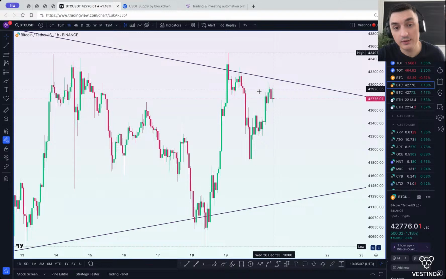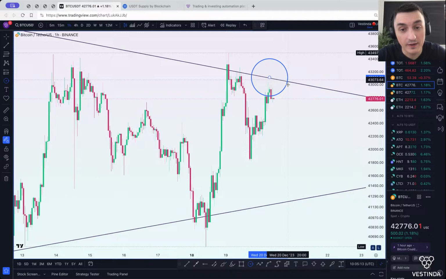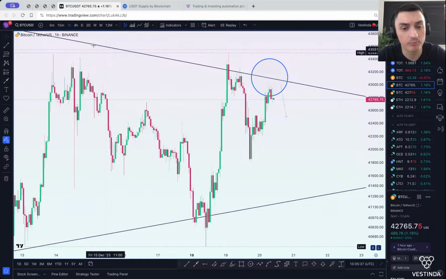So this is probably another small sell zone for intraday traders, for those who trade futures. We might have some pullback here, probably around $42,400, and we're probably going to see another attempt of breakout from this resistance.